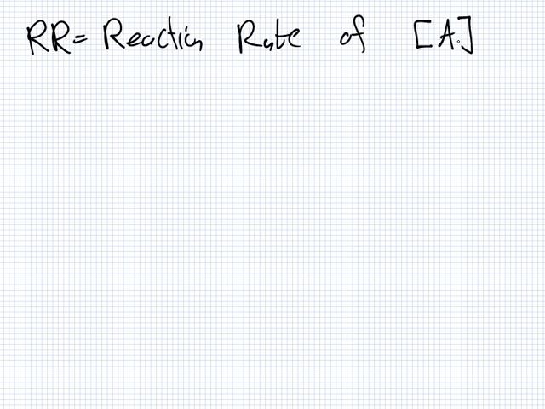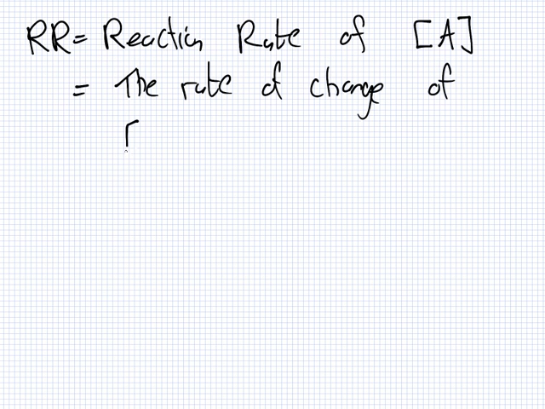Well, normally it would be R. Reaction rate of, we'll say, some material A, the concentration of A. The full definition of reaction rate is the rate of change of the concentration of A with respect to time. So actually you can write it as a derivative. It would be dA over dt.